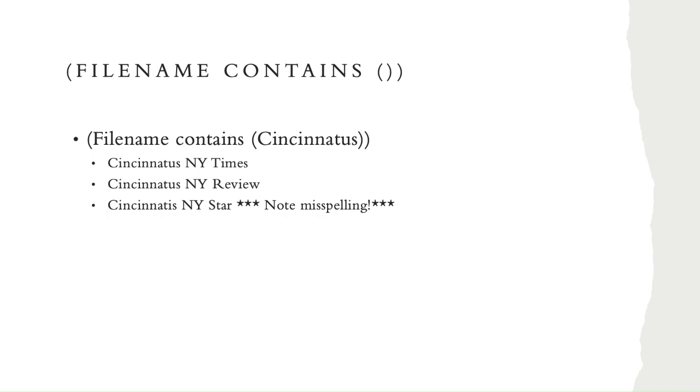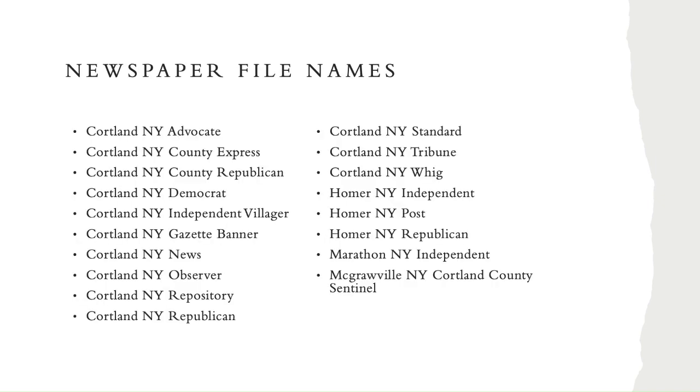Now, the file name actually does have a misspelling. So if you are looking for Cincinnatus Star articles, you may have to purposefully misspell Cincinnatus. Here is a list of other newspaper names that should be available through Fulton History. This does include Homer, Marathon, and some McGraw papers.